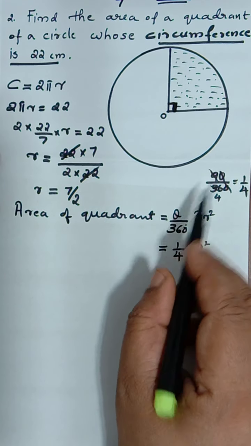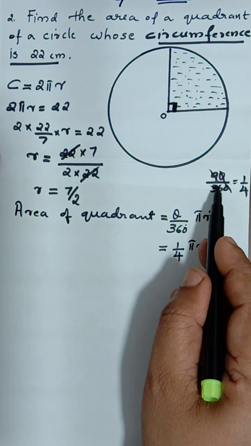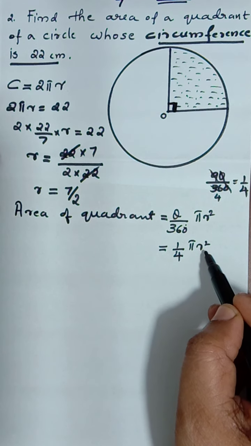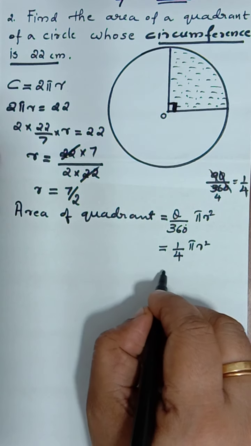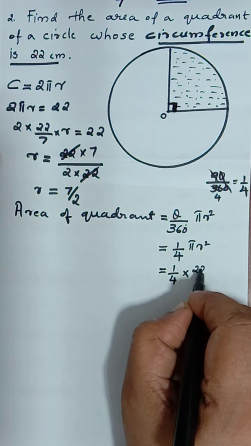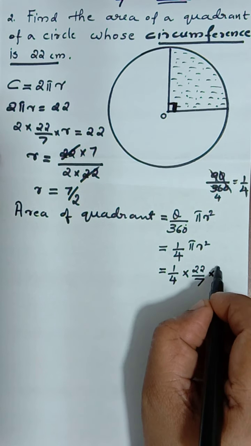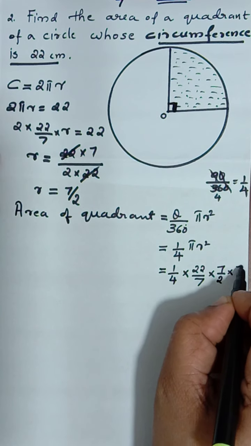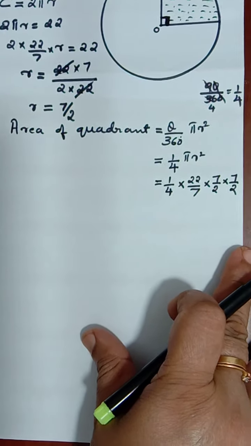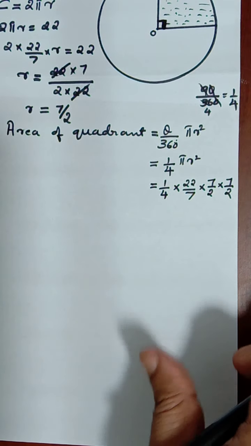If we have theta equal to 90, quadrant, then 90 by 360 is 1/4 of area of the circle. That will be 1 by 4 into 22 by 7 into radius is 7 by 2 into 7 by 2. Now it is easy to cancel. We can cancel and get the answer. What is that?